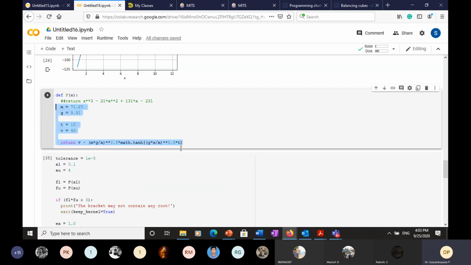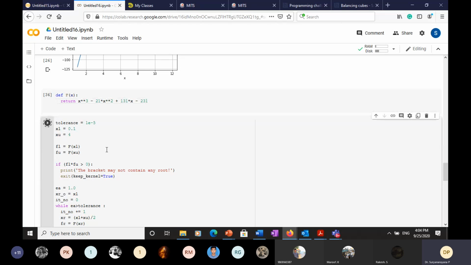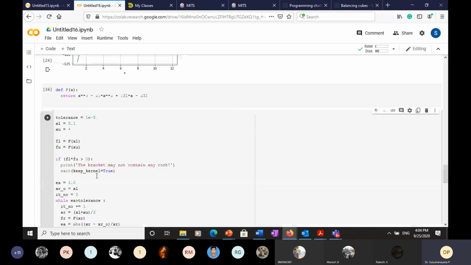Okay. Anyway, I'll delete it. Doesn't matter. So if I'm using this as a function, if I'm returning this, I run this. It is solving the polynomial problem.